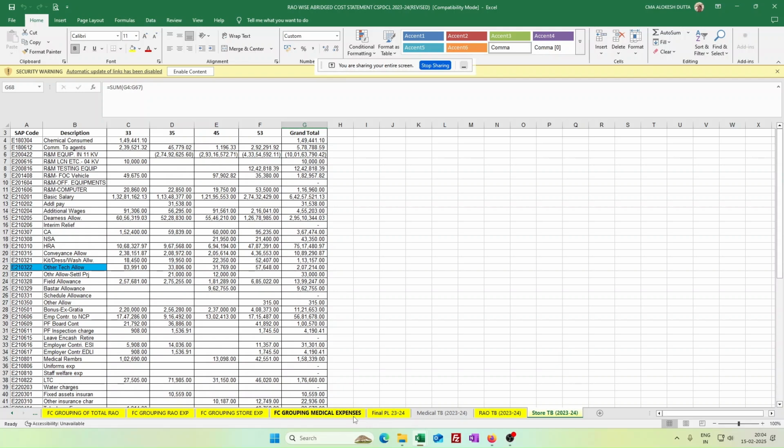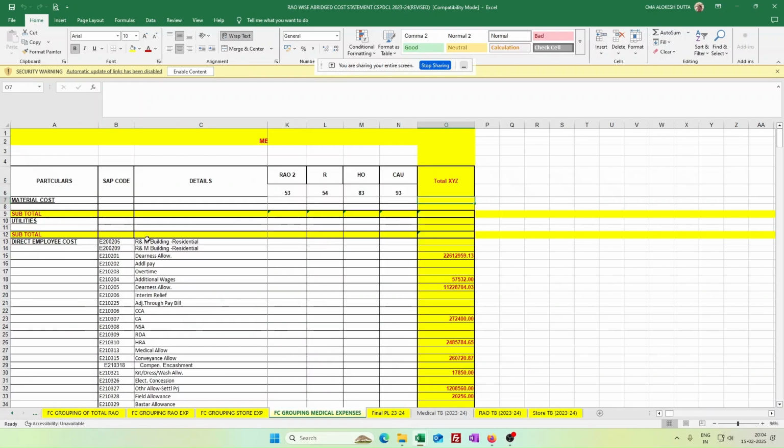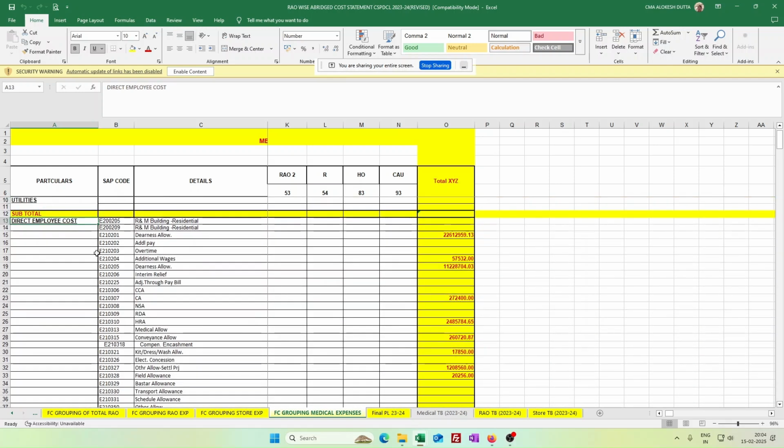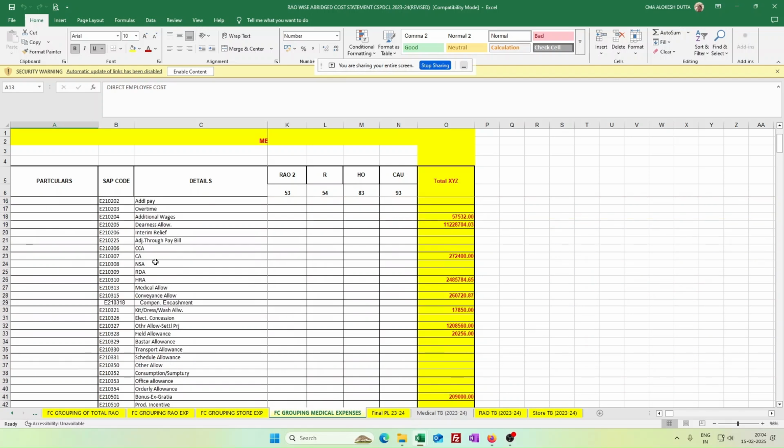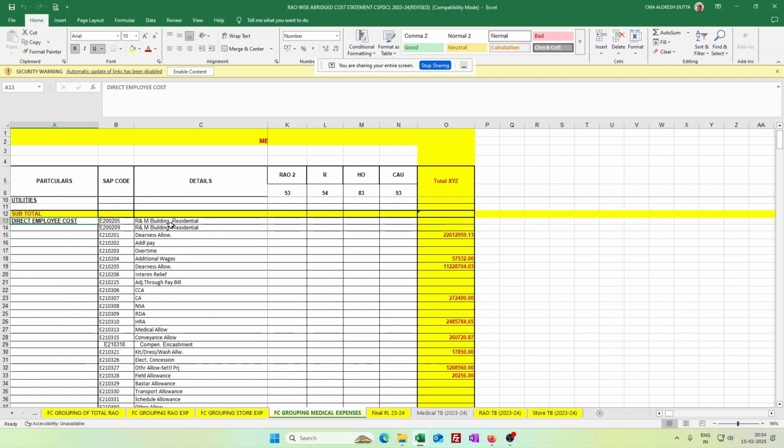And we have shown how the mapping has been done of the SAP code or financial code as per the average cost statement heading. The heading is material cost, direct employee cost. You see, against direct employee cost, there are a number of codes which are chosen or mapped as per the cost accounting standard, that is employee cost.